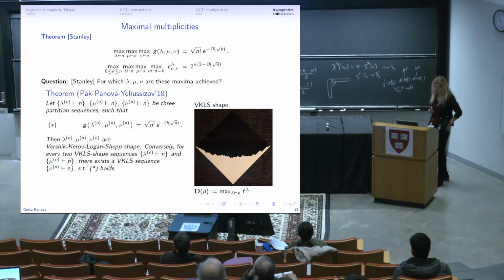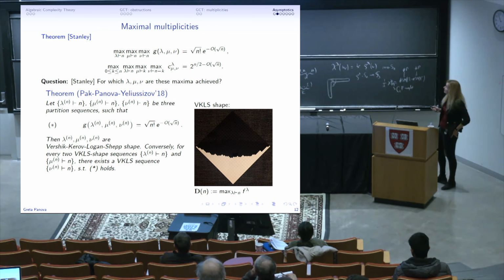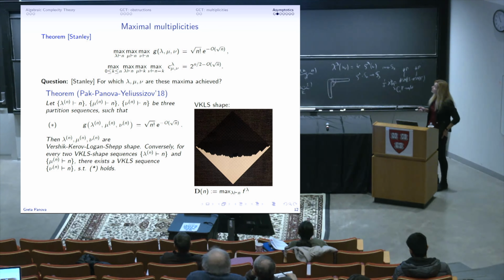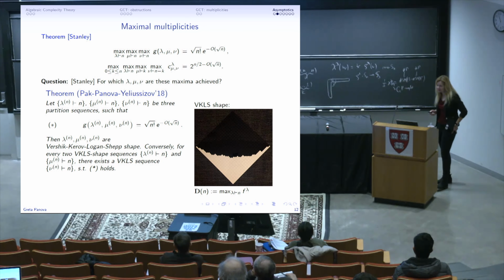So we can say that, for example, if the Kronecker coefficient is going to be maximal, then all these three partitions should look like this. This is a rotated picture of the Young diagram, as if you can see the fine detail. This is the Vershik-Kerov limit shape.